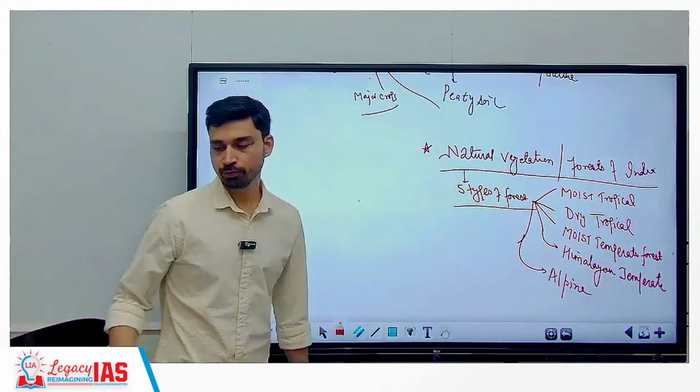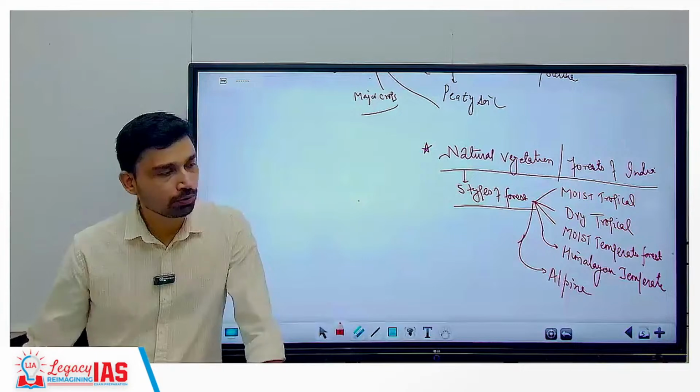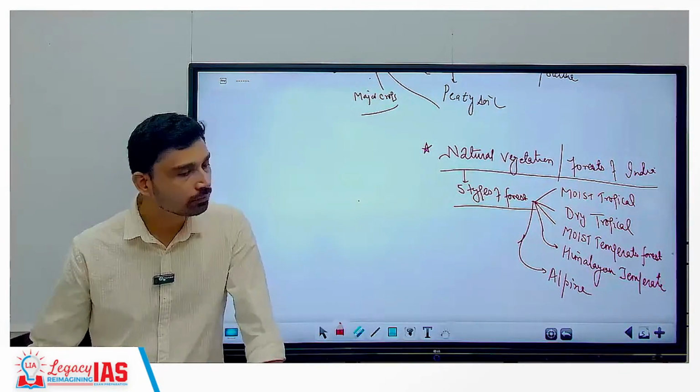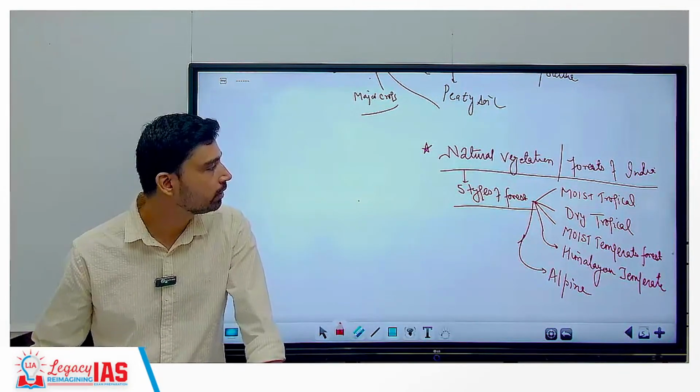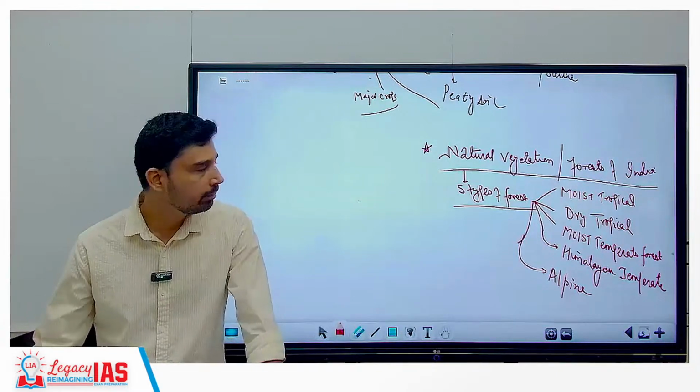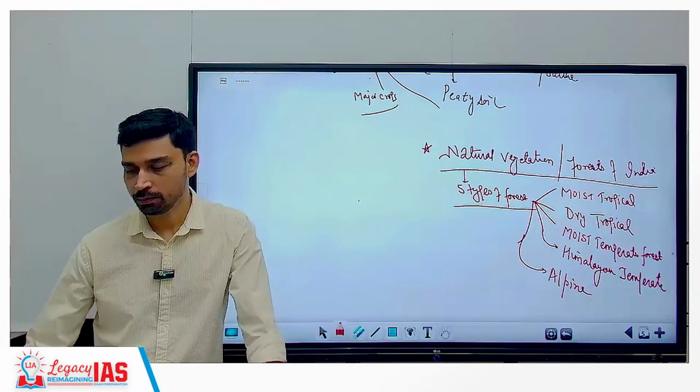So these are the forests which we will discuss in detail. Moist tropical, dry tropical, moist temperate, Himalayan temperate, and the alpine forest.